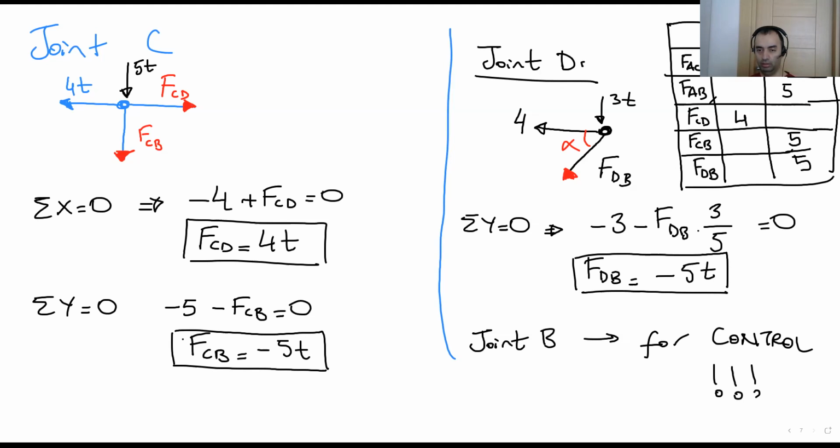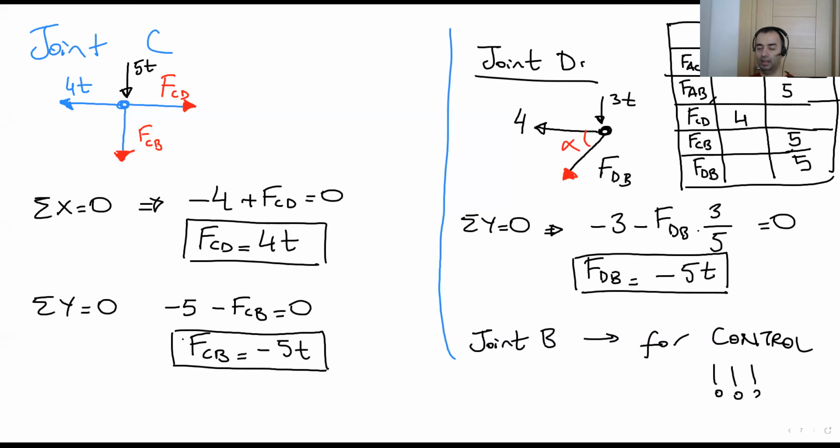So we assume they're positive. We write the equilibrium equations for X and Y directions, and then according to these equations, we calculate the unknowns. If we get a negative value for any unknown that was assumed to be tension at the beginning, that means my force is not a tension, it's a compression force.